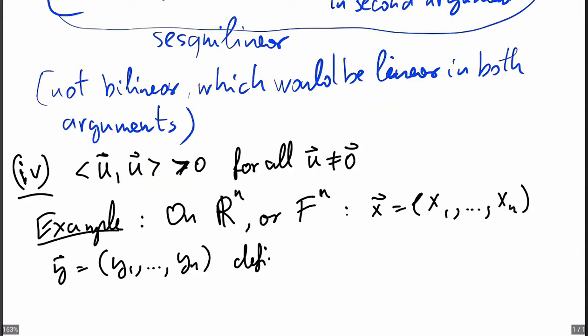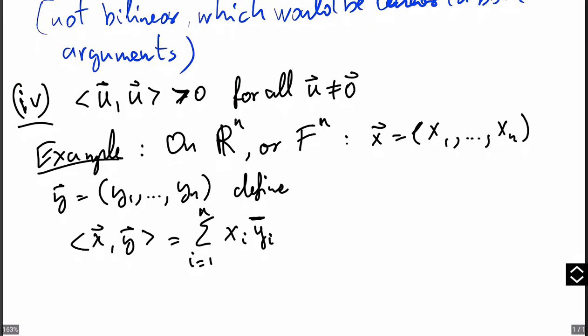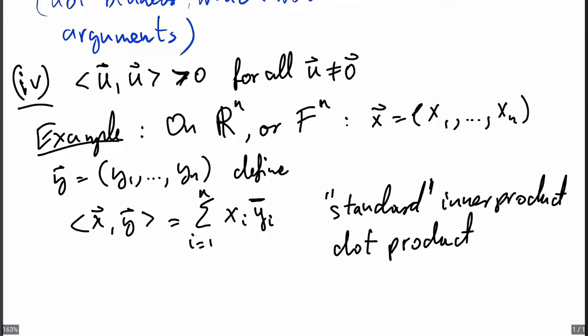Then we can define the inner product of x with y, which is the sum of the ith component of x multiplied with the ith component of y complex conjugate, where i goes from 1 to n. So this is called the standard inner product. It's also called the dot product, or it's also called the scalar product.